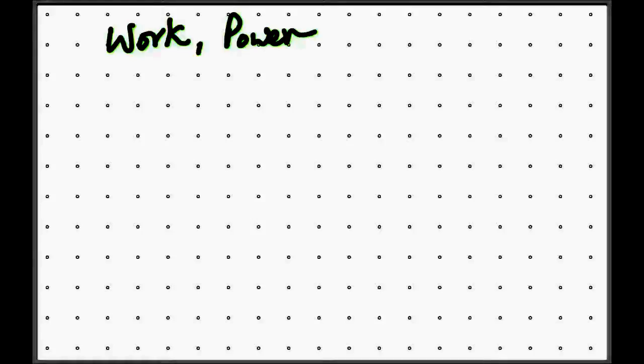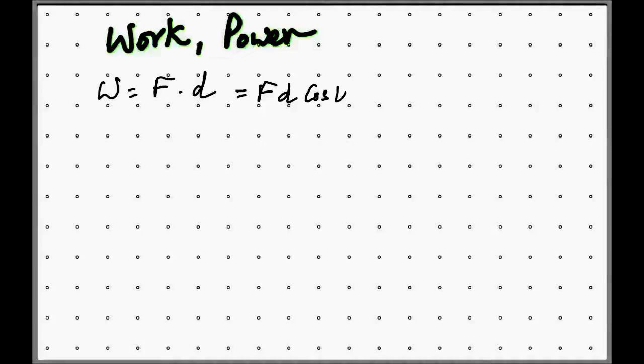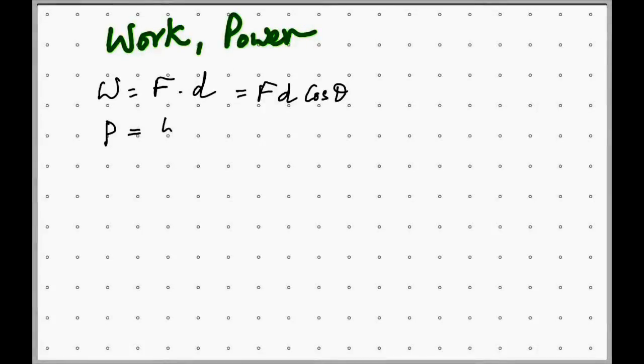So that's next up, work and power. What's work? Yeah, now for you work is the dot product of force and d, displacement, which is F d cosine theta. What is power? Work over change of time.